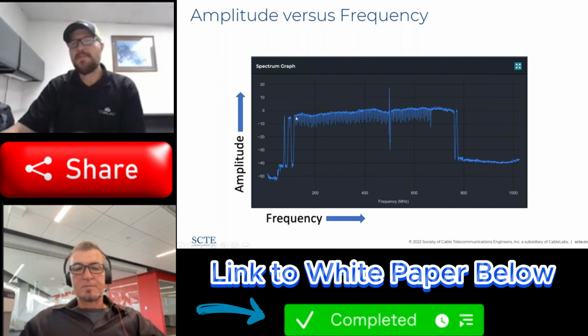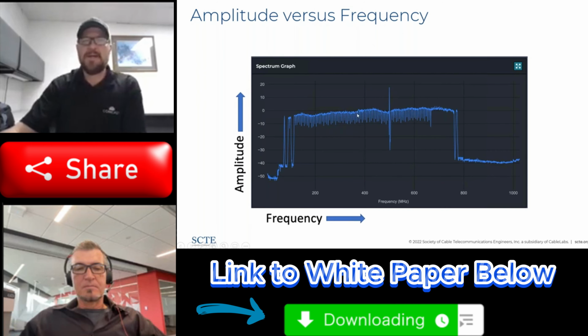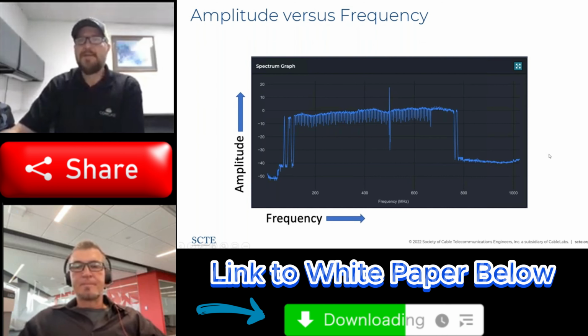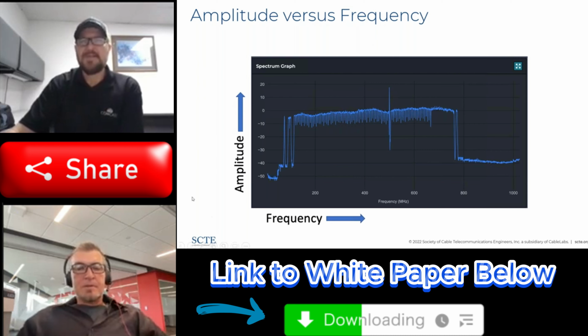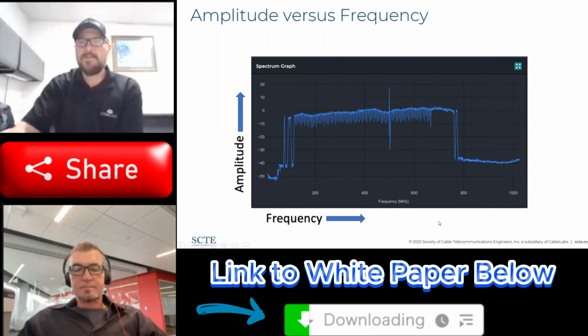And then your downstream is everything that follows after that, right, in the frequency domain. So this is how we're conditioned to think. When we're measuring levels, we measure what frequency it is and what our amplitude or power is. So when we visualize that on spectrum analyzers or any reference display that shows signals, it's typically amplitude on the vertical axis and frequency on the horizontal axis.